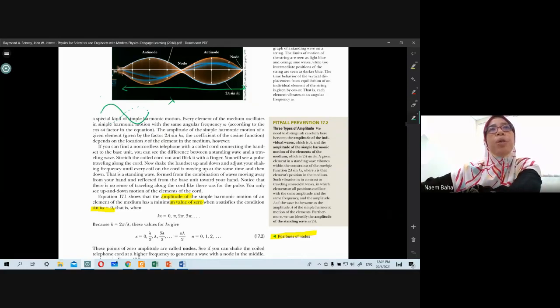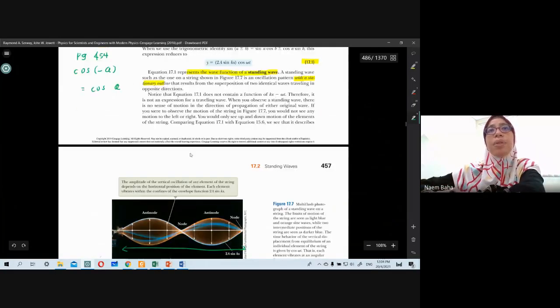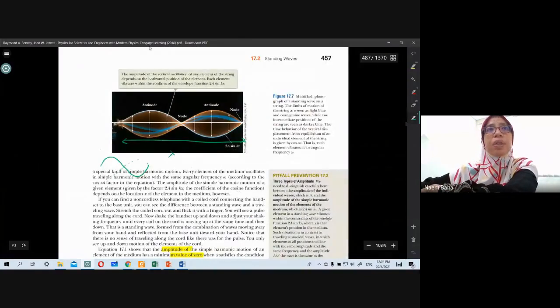So you will find that if this is lambda, half of it would be lambda divided by 2. And this antinode and nodes: this node is there at lambda divided by 2, while the antinode is at lambda divided by 4. 1, 2, 3, 4 sections.